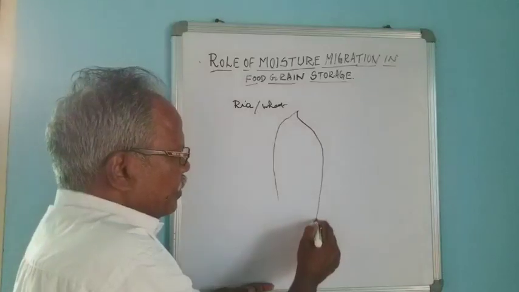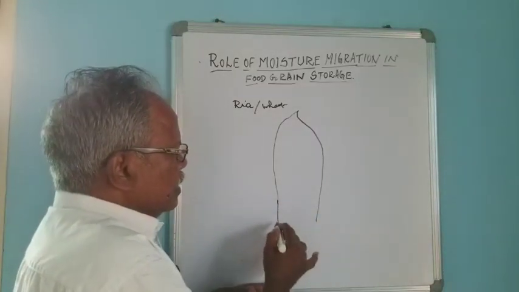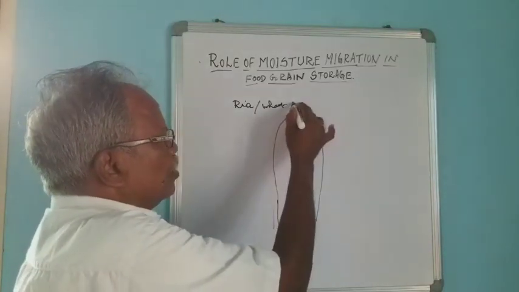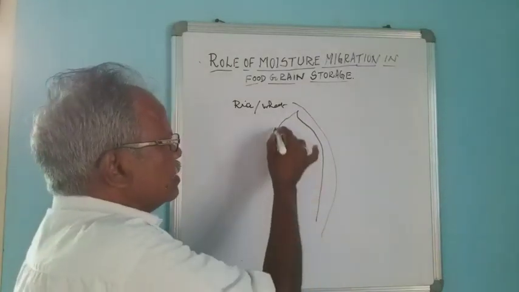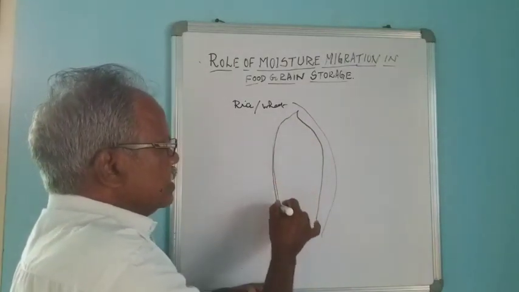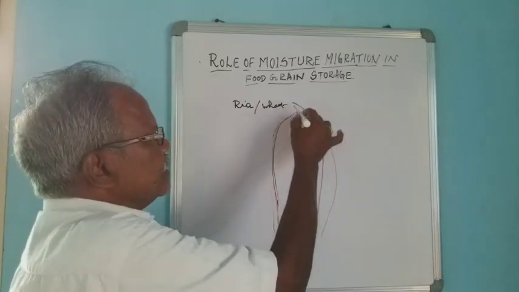In case of the paddy, the outer covering is called husk, and the inner covering is called the aleurone layer.